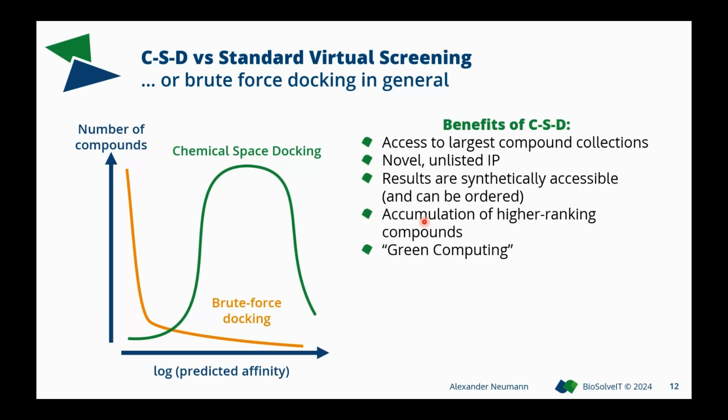So obviously the question arises, what is the difference of chemical space docking compared to standard virtual screening? First things first, I have an idea that some of you have already run some virtual screenings, and there is this sweet spot of a few millions. Virtual screening of a few millions is something every group can do.